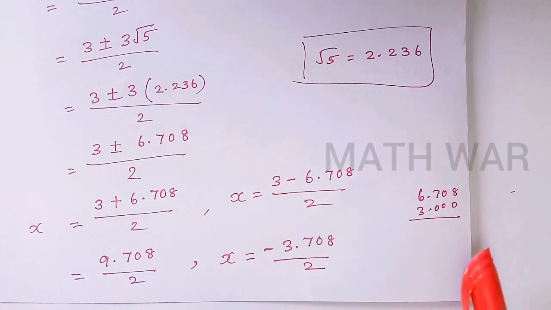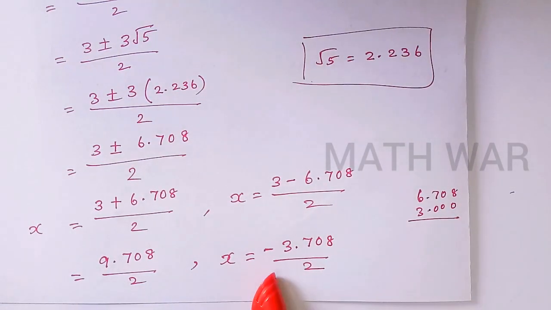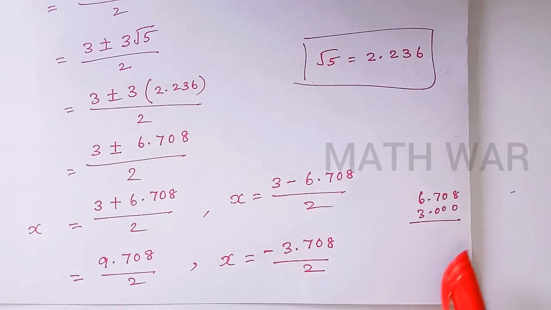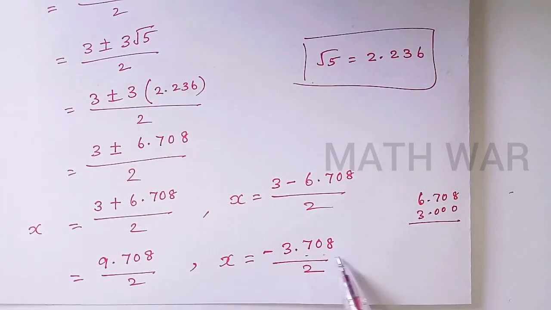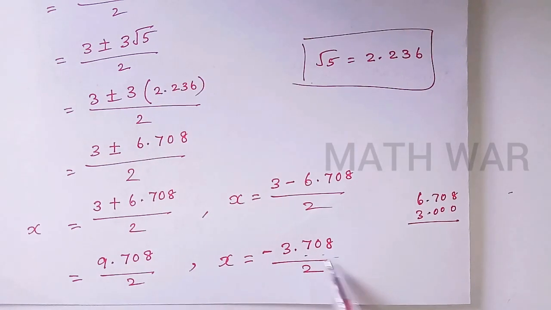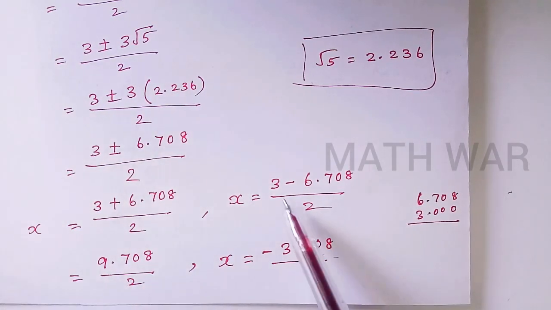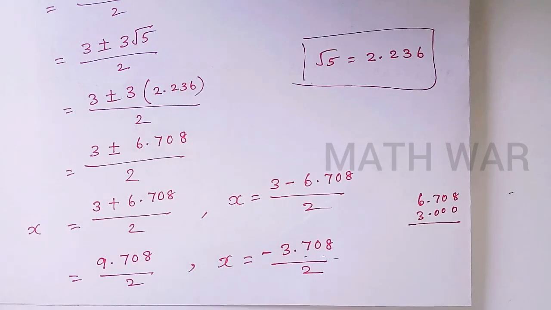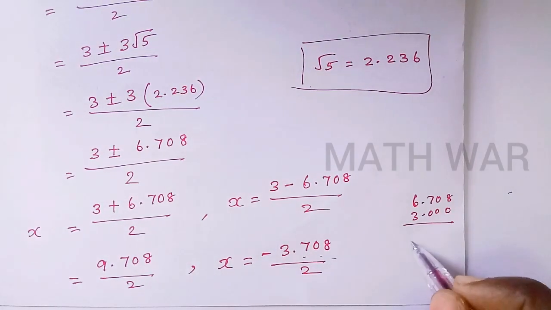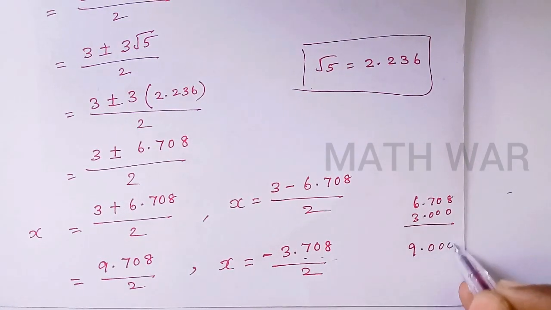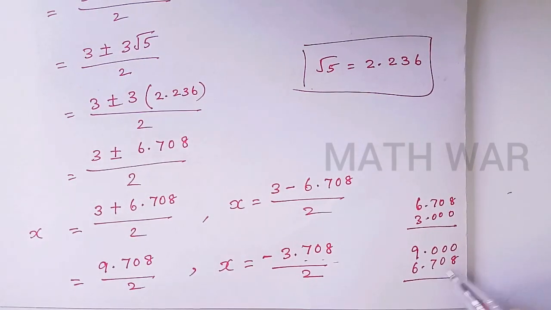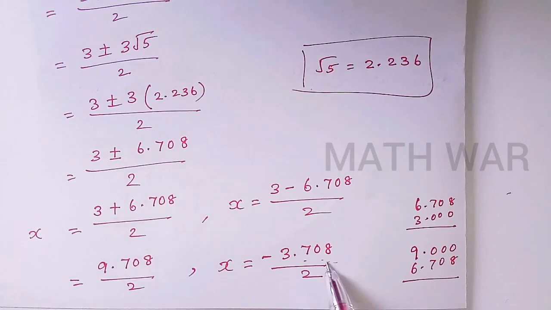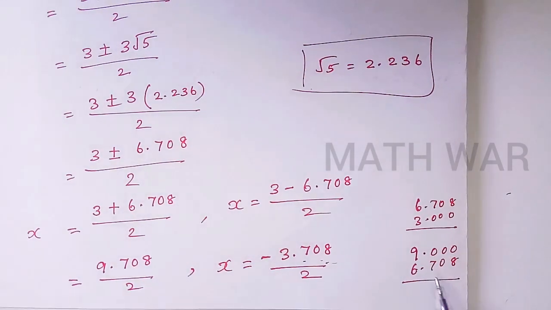You should check whether the answer is right, because sometimes you may get the wrong answer directly. In case it is 9 minus 6.708, what will happen? It is 9.000 minus 6.708, and if you subtract, the same 0.708 will not come. So you must be careful in this case.